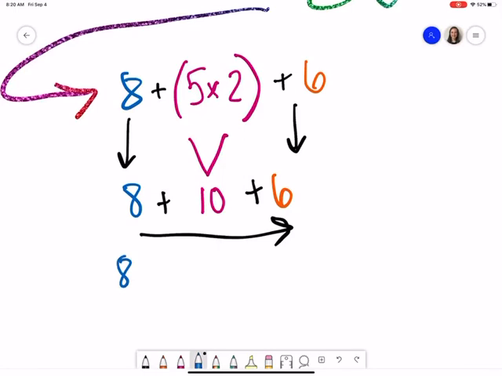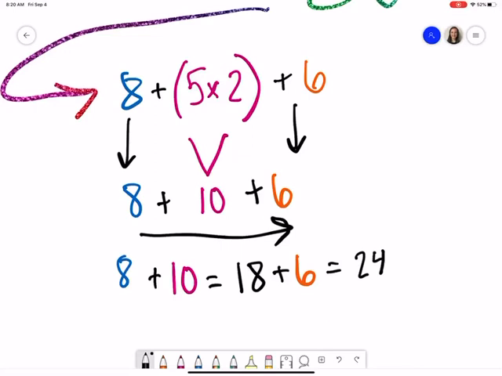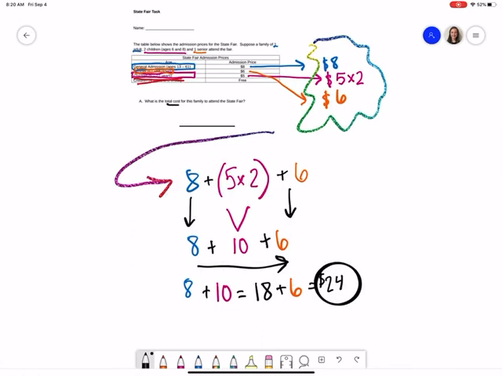So 8 plus 10 equals 18 plus 6 equals 24. Okay. So $24 is the total cost for this family to attend the state fair.